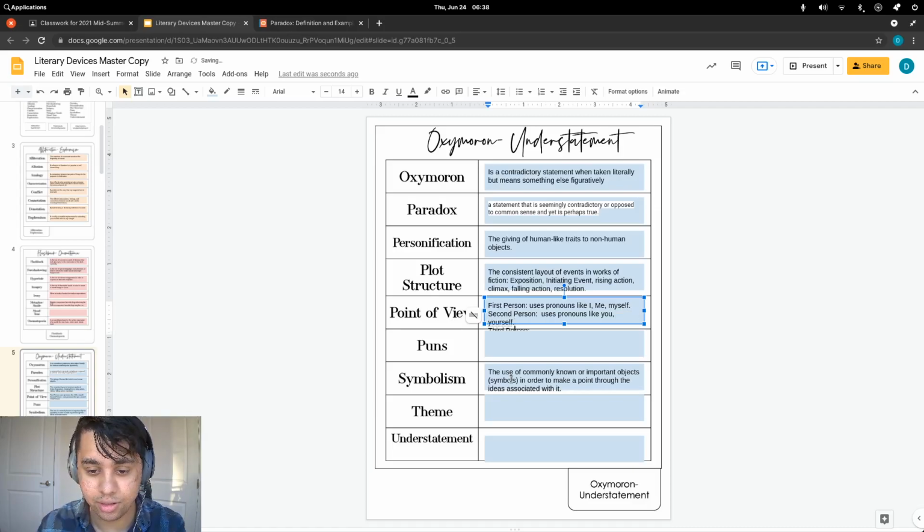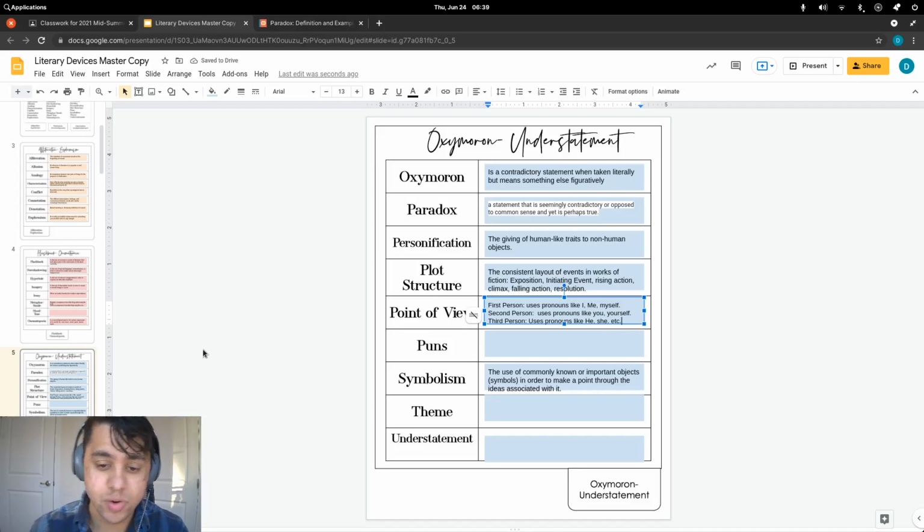And then third person, which is really a lot more common than the other two, uses pronouns like he, she, and etc. There's tons of third person pronouns that are used in point of view.